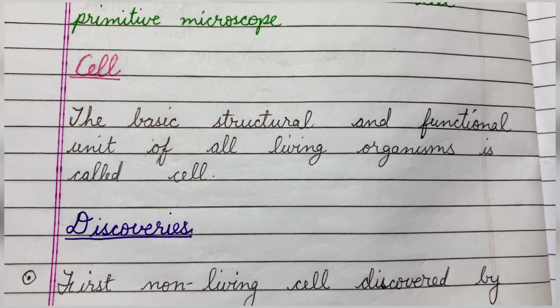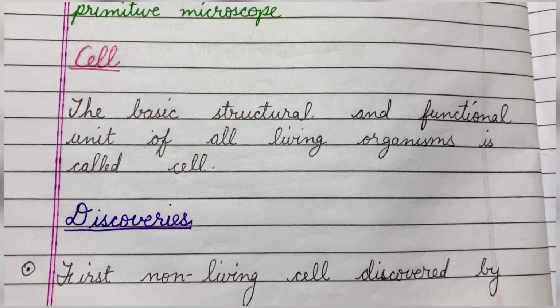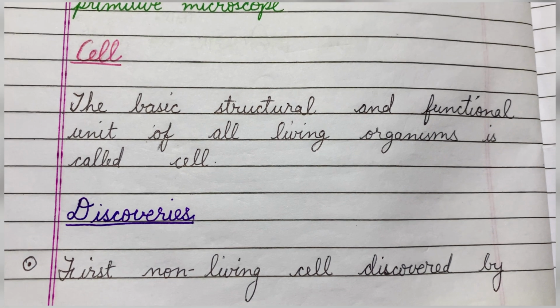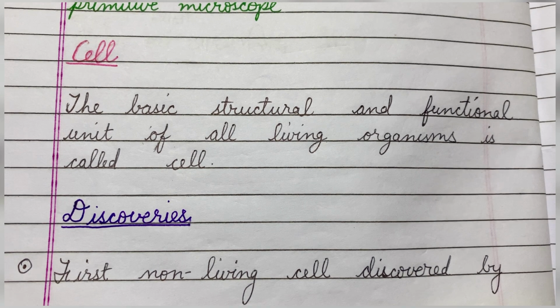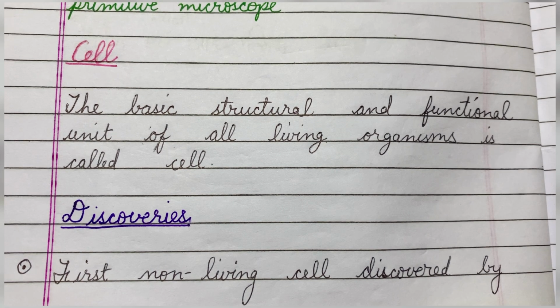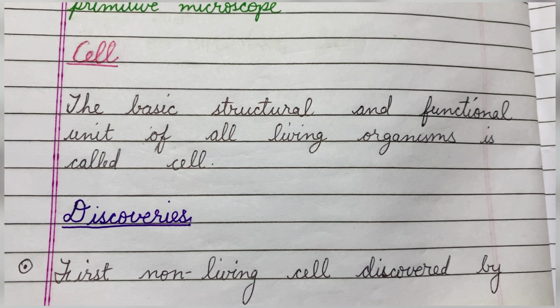Here we will know more about the discoveries related to the cell. The first non-living cell was discovered by Robert Hooke, as we know, in 1665. He also coined the term cell.